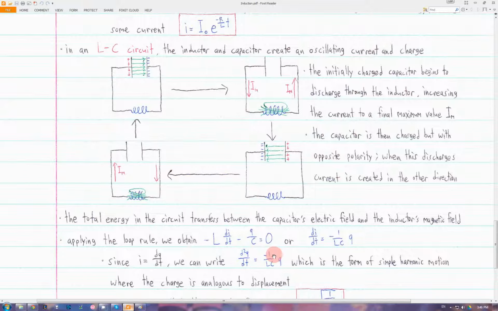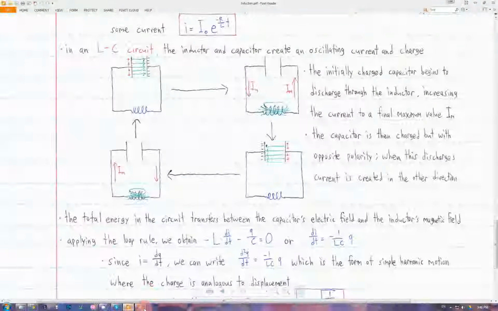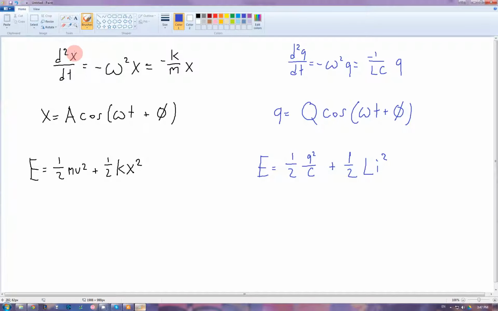And this looks similar to the equation for simple harmonic motion. If you remember, that equation was d squared x over dt squared, which is the acceleration, is equal to negative omega squared times x, where omega, remember, was the angular frequency, which is the square root of k over m. And so the second derivative of x with respect to t was equal to negative k over m times x.